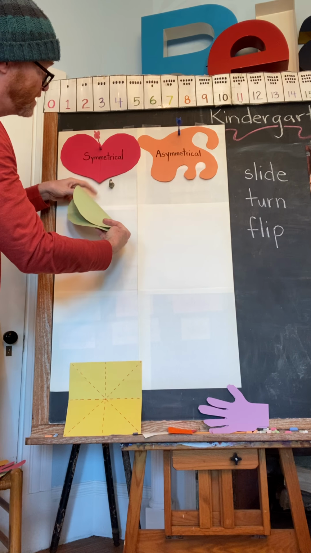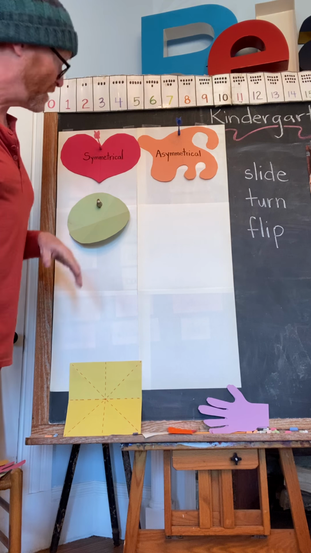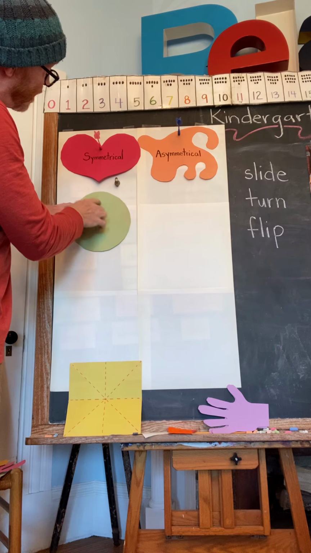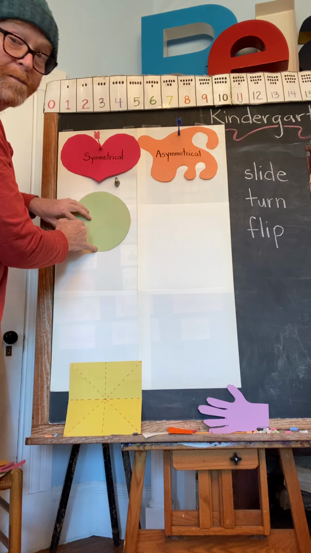This circle is made out of a pretty small piece of paper, and it would be hard for me to fold it in more than like 20 or 30 different ways. But a real circle out in the world of mathematics has an infinite number of lines of symmetry. Any line going right through the middle to the other end would be a line of symmetry.